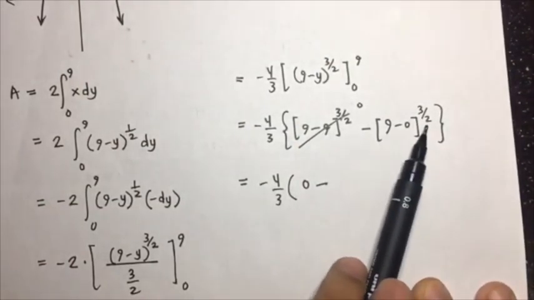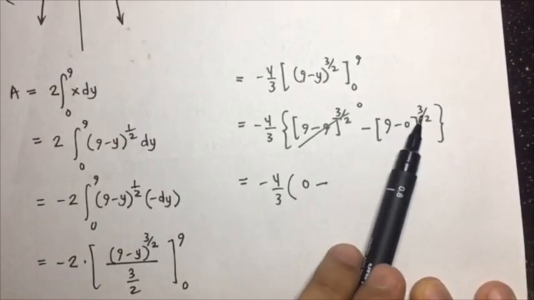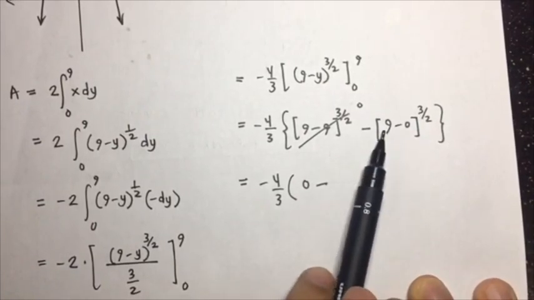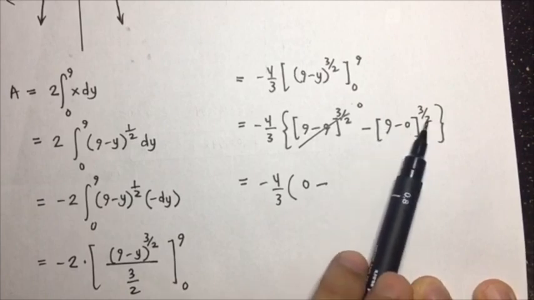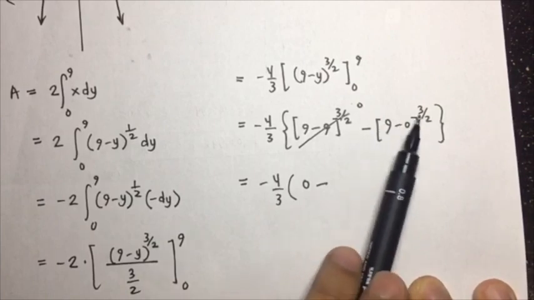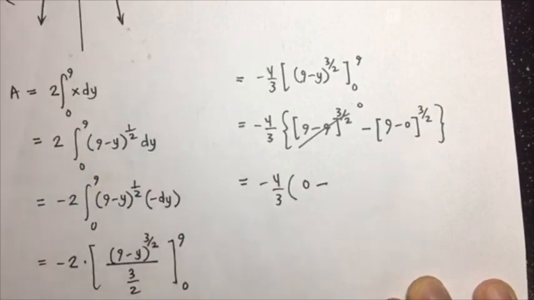The square root of 9 is 3, and then cubed, that is 27.